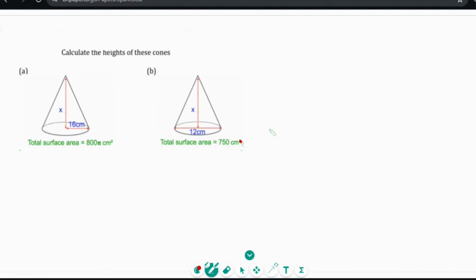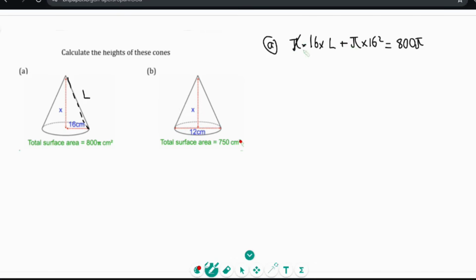Okay, last two questions. So pi RL. Right, we don't actually know L, so that's unknown. But we also don't know x, which I need to find out in the end. But I need to get L first. Plus pi r squared, 800 pi.